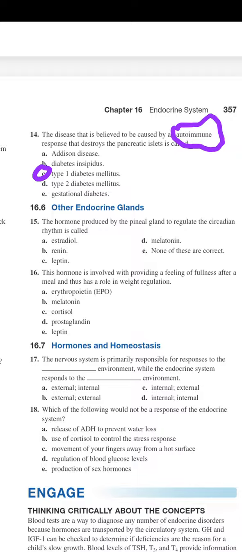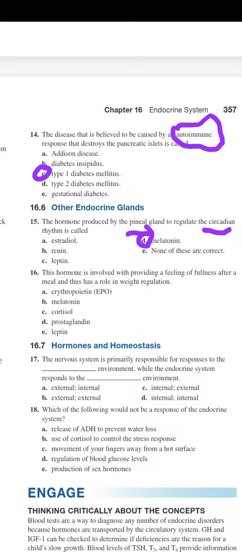The hormone produced by the pineal gland to regulate the circadian rhythm is, nice to meet you, pineal gland. Okay, so I know from the words circadian rhythm that it will be melatonin, aka the sleep hormone. So it's produced by the pineal gland. I want to know where this gland is located.